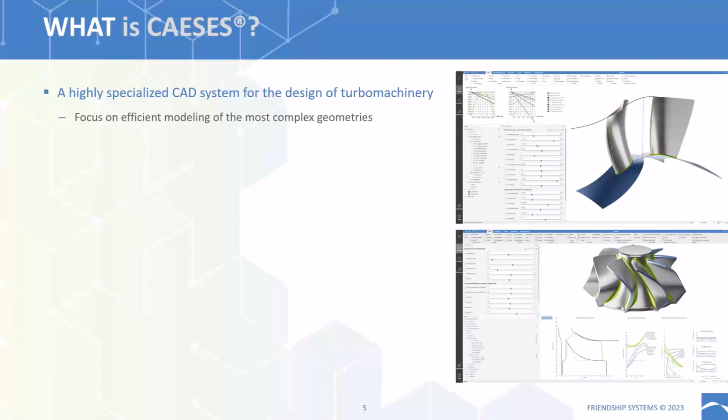It has a focus on the efficient modeling of any type of geometries, including the most complex geometries. Everything, more or less, in CAESES is fully customizable for tailor-made designs, CAD models and workflows, and a special focus of our CAD environment is the robust variant generation for design studies and optimizations.